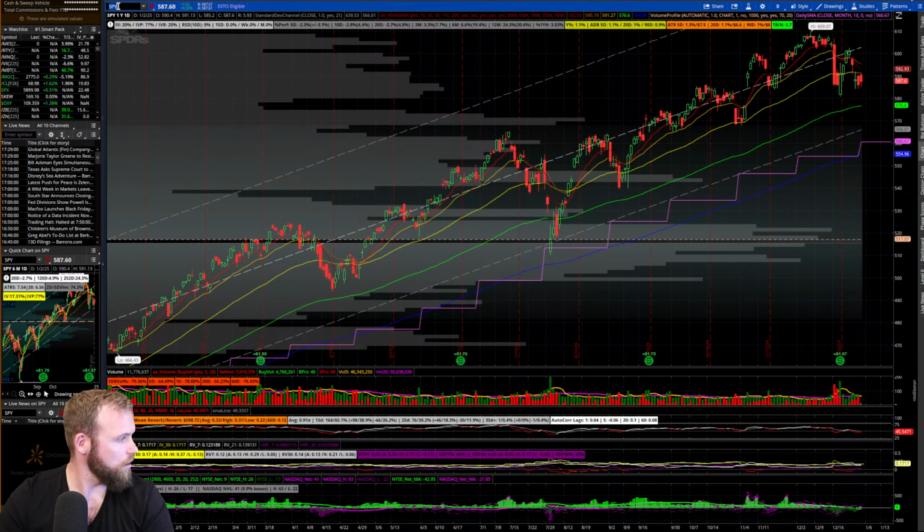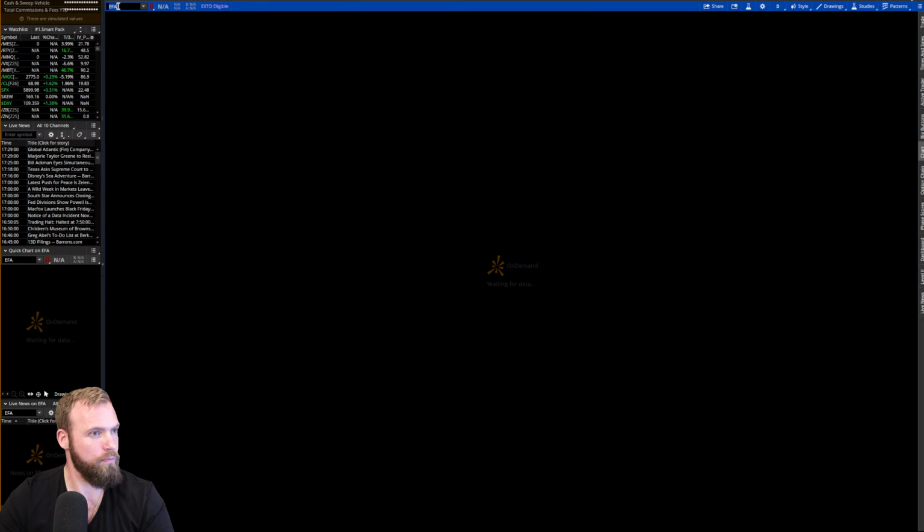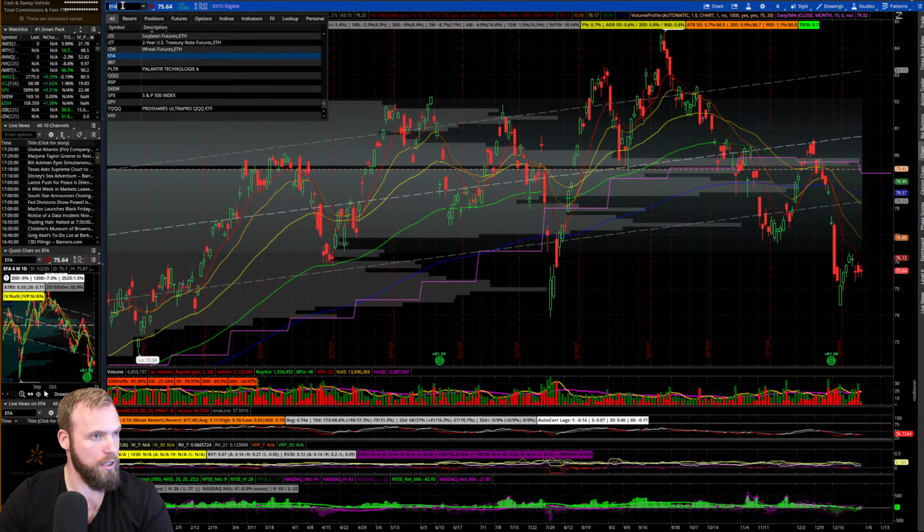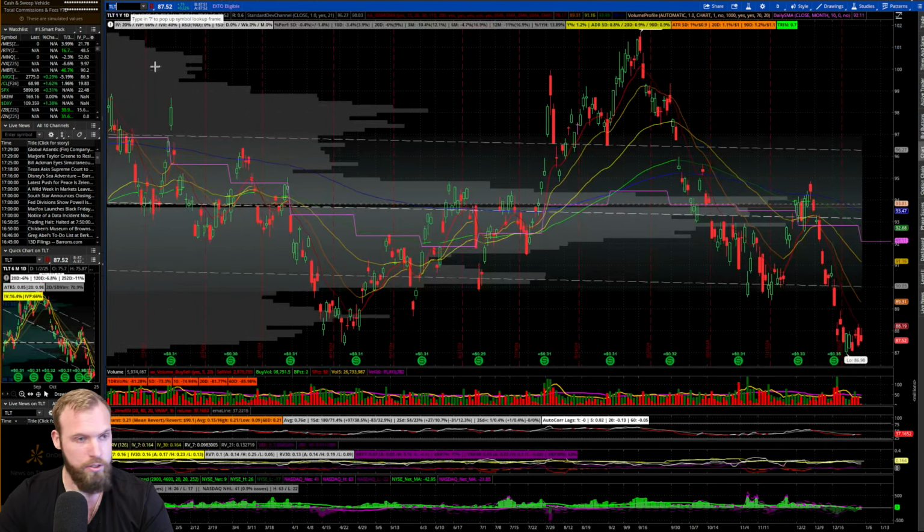Next, take a look at EFA. It is below. So we know immediately that doesn't qualify. The trailing 12-month return here is 1.5%. Next, TLT. This one's also below. Trailing 12-month is negative 11%. We already know that one's no good. DBC.